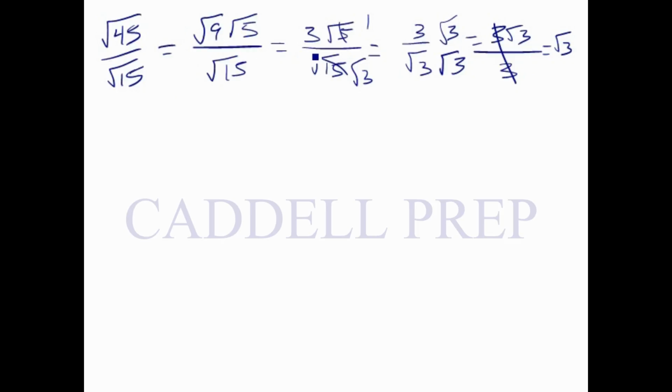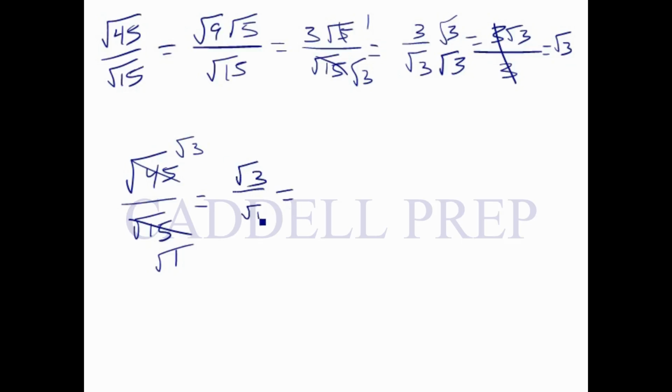This is a 100% correct way to solve it, but it's probably not the best way to solve this one. Really, any way you get the right answer is a pretty good way to do it. We could reduce this right off the bat. 15 goes into both of these numbers. Divide this by 15, we're left with radical 1, which is 1. Divide this by 15, we're left with radical 3. So radical 3 over radical 1, and the square root of 1 is 1, is just radical 3.